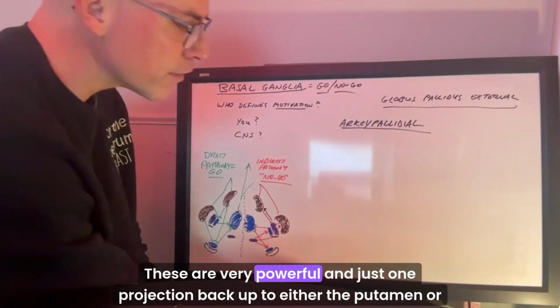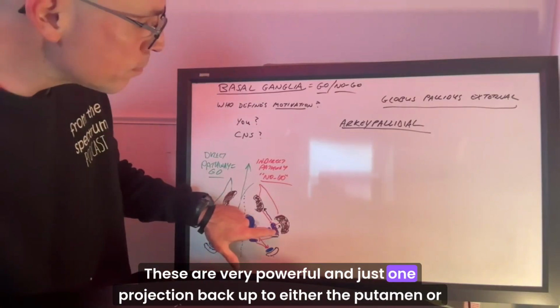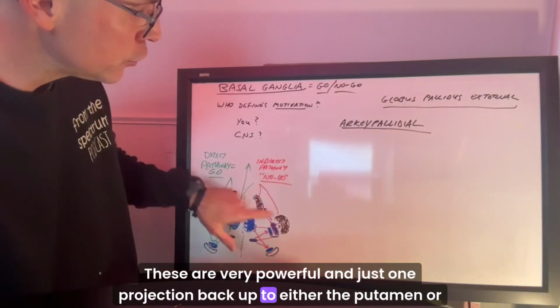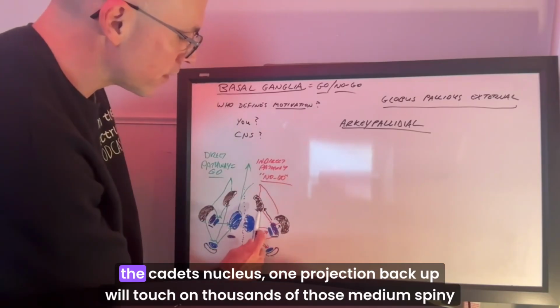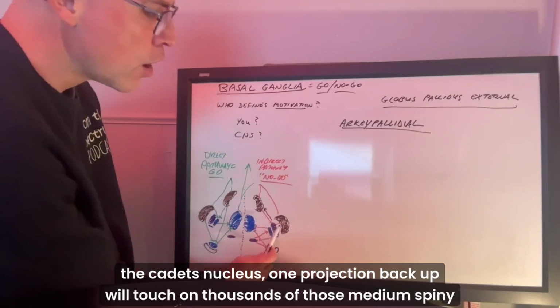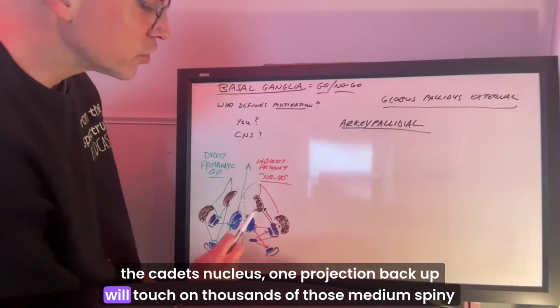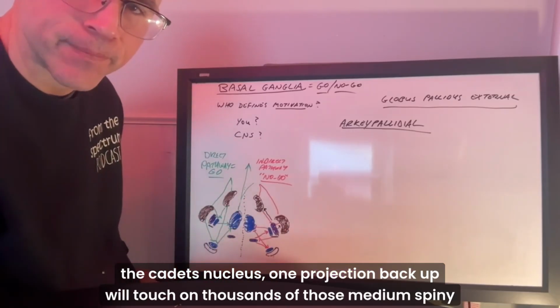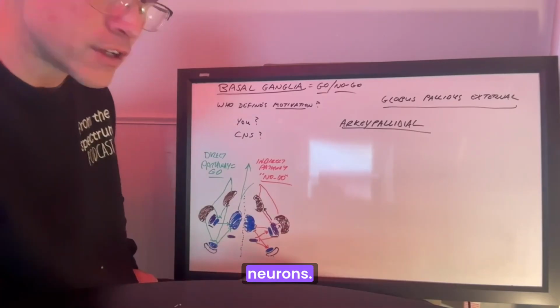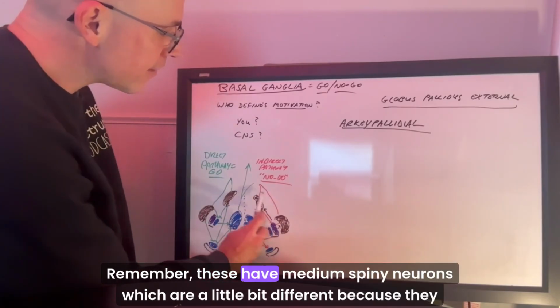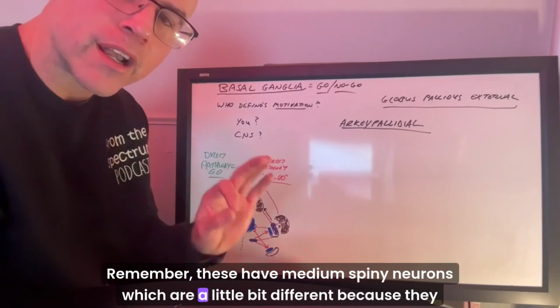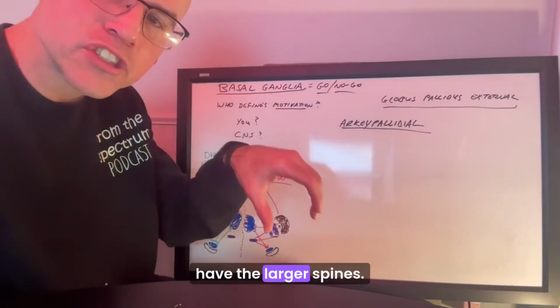These are very powerful, and just one projection back up to either the putamen or the caudate nucleus, one projection back up will touch on thousands of those medium spiny neurons. Remember, these have medium spiny neurons, which are a little bit different because they have the larger spines.